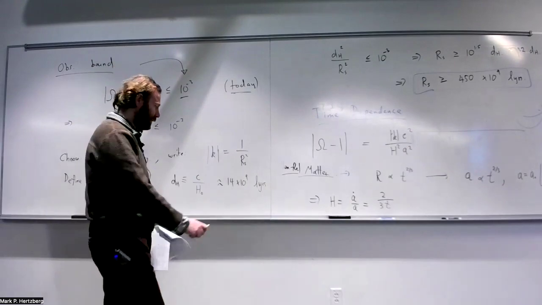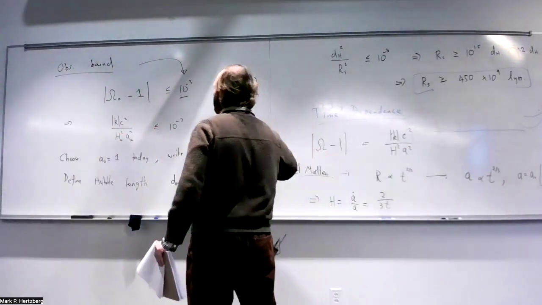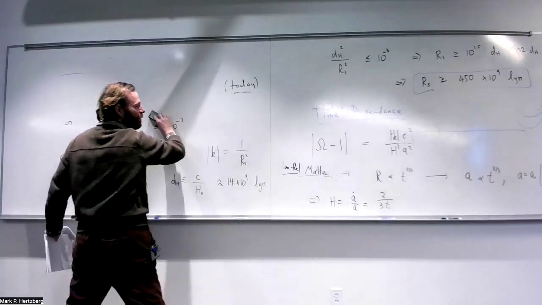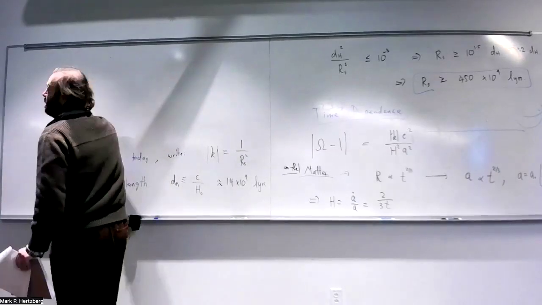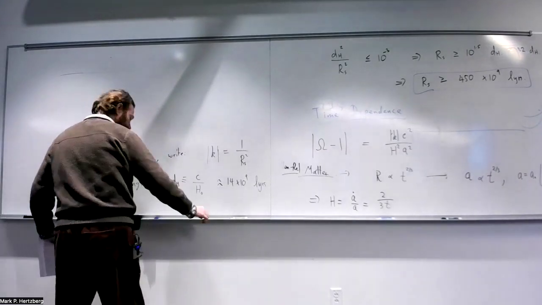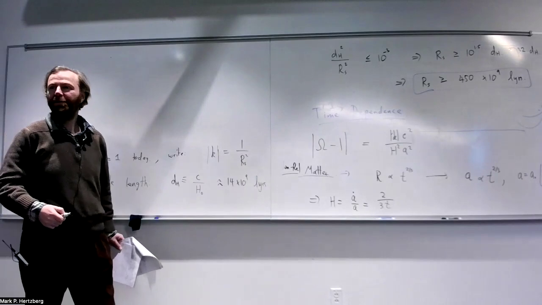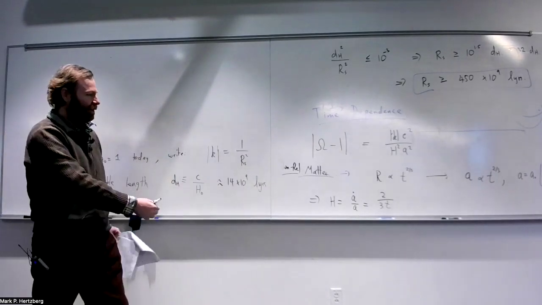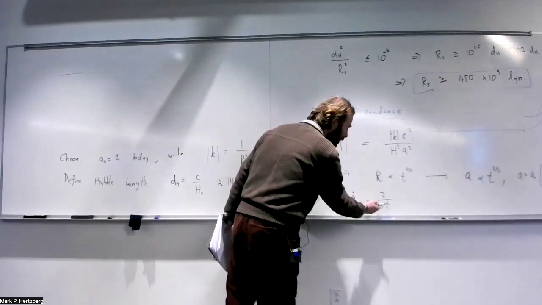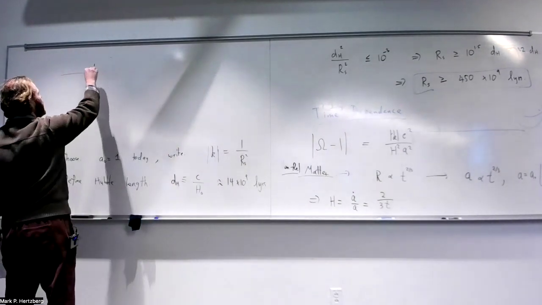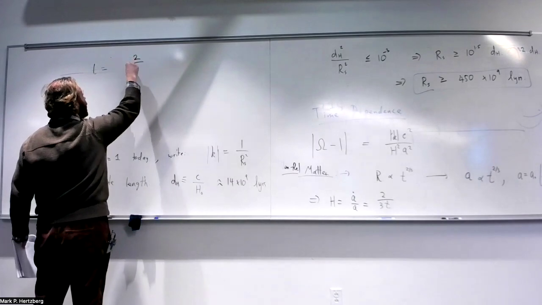Now maybe I'll squeeze in a comment here about Tony's question now that I have the relevant equation on the board. This is something we're going to discuss later in the course, especially in the context of dark energy. But you see this little equation here, H is 2 over 3t. We can invert that to write t equals 2 over 3H.